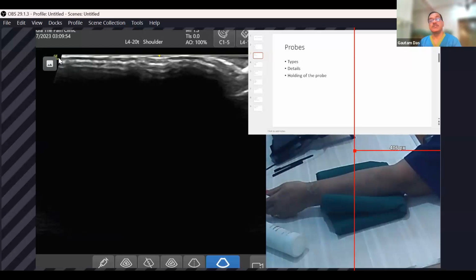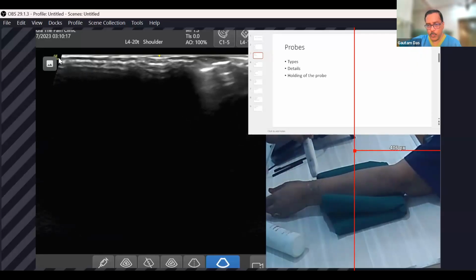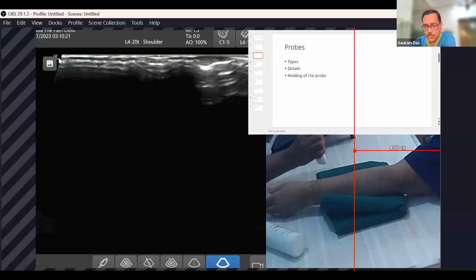Then, how to hold the probe. Suspa has already told it nicely. You hold the probe like holding a pen, with two fingers or maximum 3 fingers, and the remaining 2 or 3 fingers must fix your hand on the patient's body. Don't hold the probe like this, with the longer grip.